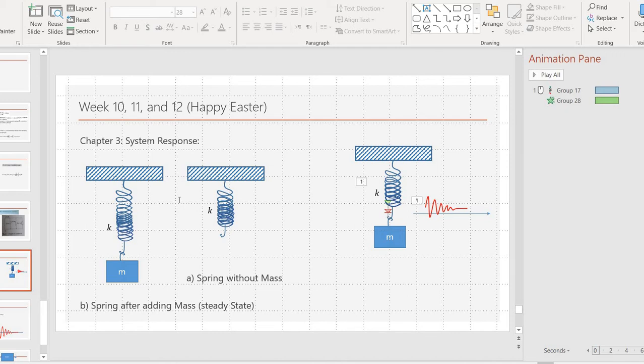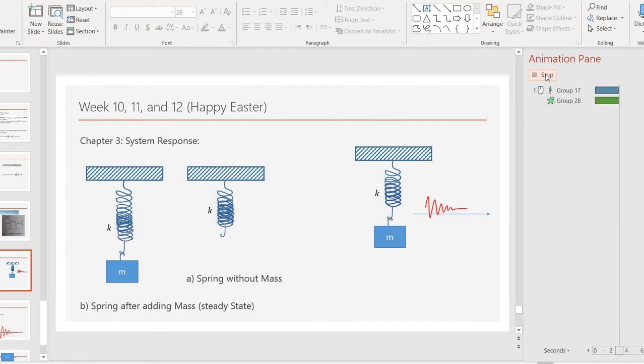I want to look at exactly what happens. The bouncing will be high at the beginning. I don't know if you have noticed that in any system that has a spring or similar scenario. And then it slows down. That's the plot here. I will explain that. I'm going to play the animation.